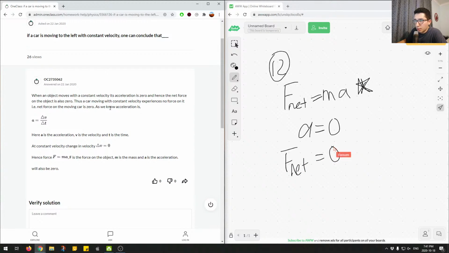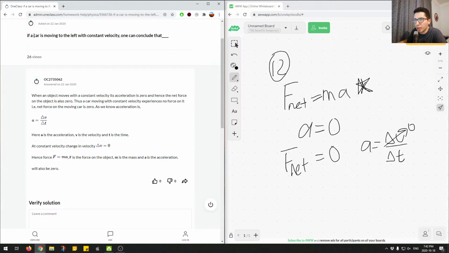So here, as we know, acceleration a equals change in v over change in t, so change in speed over change in time. At constant velocity, the change in speed will be 0, and that gives us the acceleration equal to 0. Hence the force F net equals ma, where F is the force, m is the mass, and a is the acceleration, will be 0.